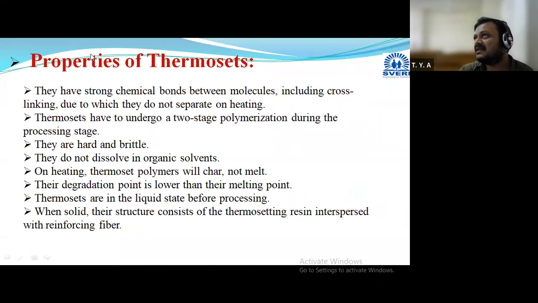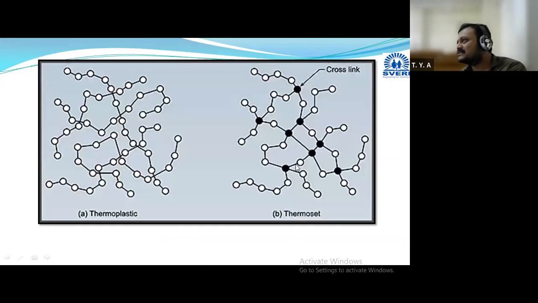So after this, the properties of thermosets: they have a strong chemical bond. Already I have shown you that diagram. A strong chemical bond is there between the molecules and includes cross-linking. This is the cross-linking. Here if you observe, there is linear bonding.